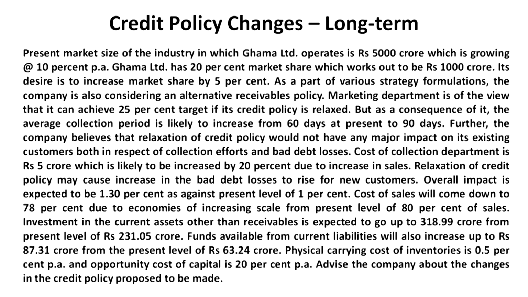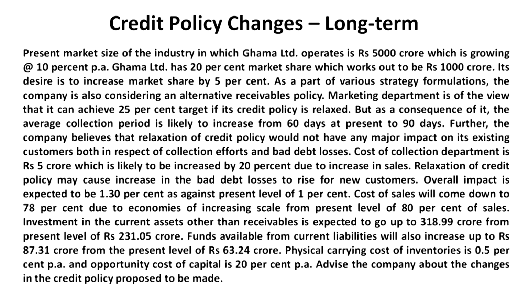And when you are relaxing the policy and increasing the investment in accounts receivables, at the same time the investment in the other current assets will also increase, that is in all kinds of inventory, in advance deposits, and in cash. So, all the current assets investment will increase. The existing level of current assets, other than the receivables, is 231.05 crores, which will become 318.99 crores, but out of 318.99 crores, 87.31 crores will be available from the spontaneous finance.